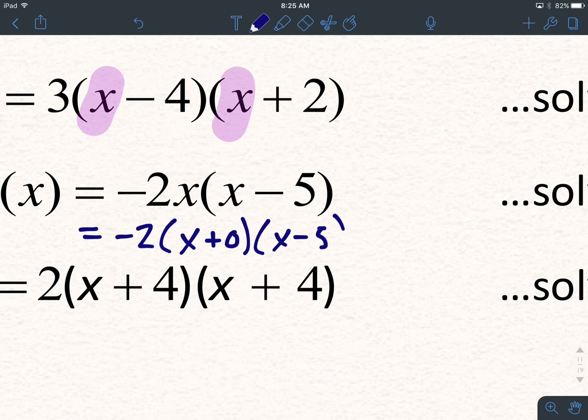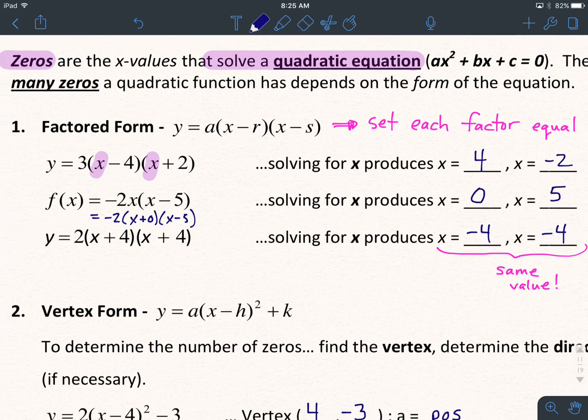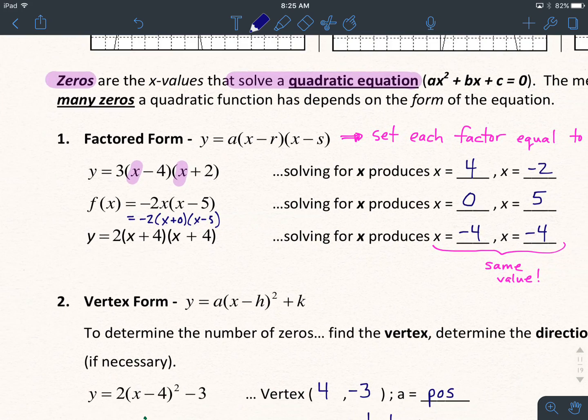Recognizing that if it is something like x plus 0, they're just going to collapse that bracket down, but it doesn't change the fact that one of our 2 x-intercepts, or in this case one of our 2 solutions, would be x equals 0. And the last one has just 2 identical binomials when it was factored out. So if you're given factored form, you'll know that there are x-intercepts, i.e. solutions, for the quadratic equation that you're working from.